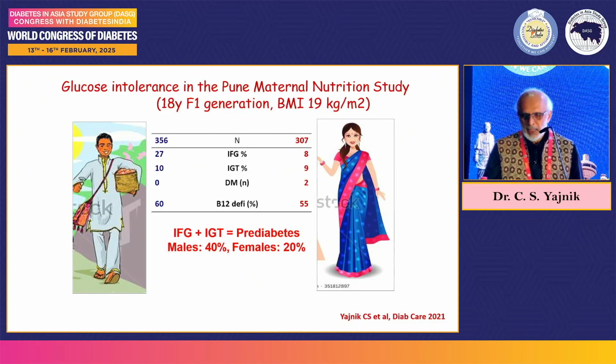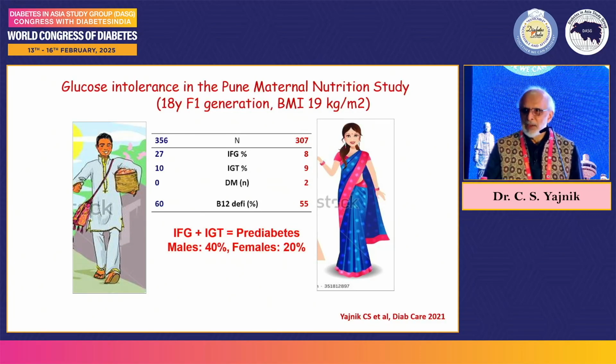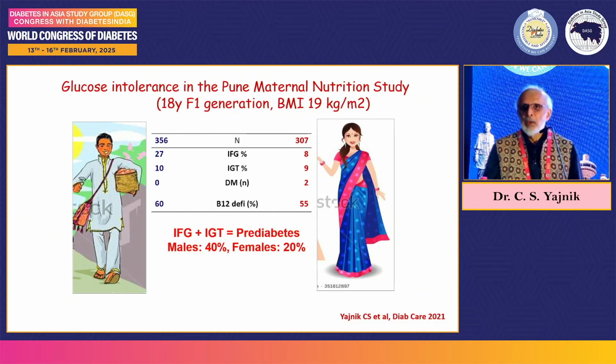At a BMI of 19, 30% of these young individuals had pre-diabetes, 40% of boys and 20% of girls. And this high glucose prevalence at this age was not surprising to us Indian physicians, who have seen this for the last many decades.